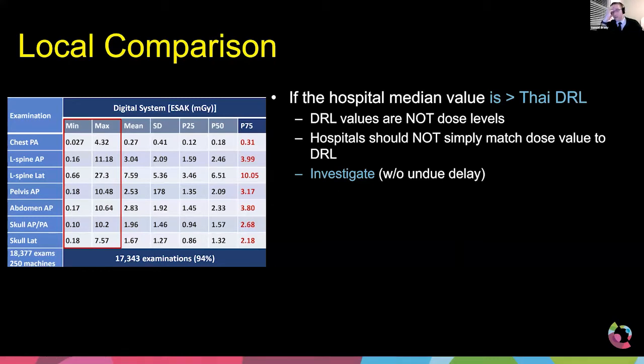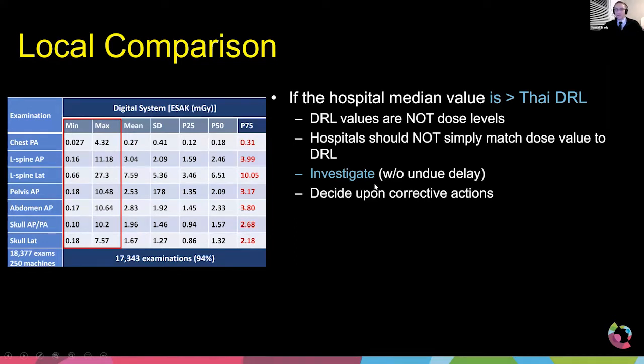Now, if you have a value like this 4.32, this max value, if that was your hospital, you should probably start this investigation without undue delay, because your value is very high, much higher than the national DRL. There should be a sense of urgency to understand why that value is. And once you've investigated, you need to decide upon a corrective action.